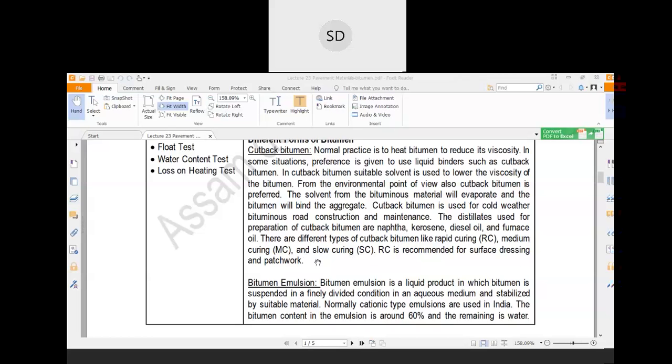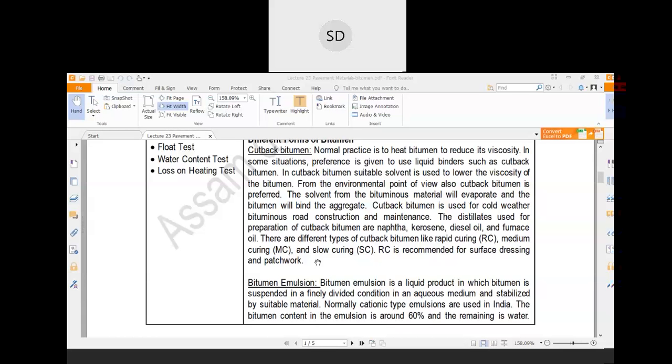Another type of bituminous material is called bitumen emulsion. In bitumen emulsion, bitumen is added with water. Bitumen cannot be dissolved in water, so in bitumen emulsion some emulsifier chemical is added.